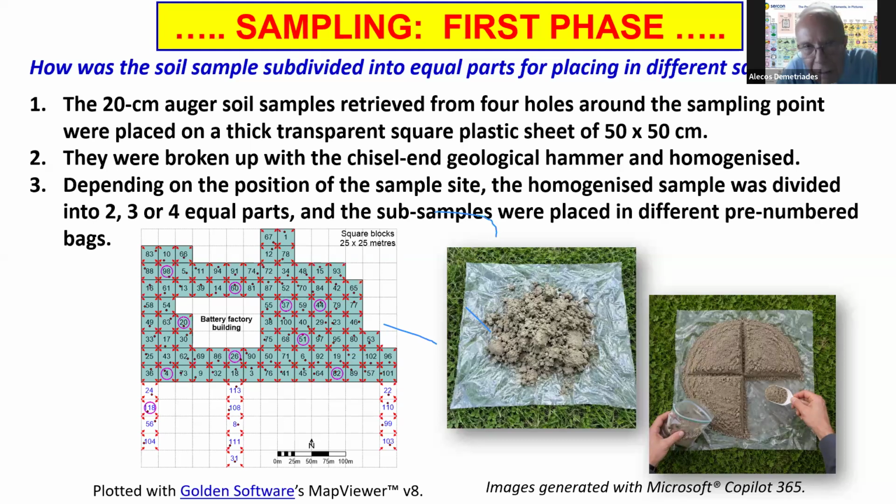The lumps from the retrieved cores were broken up, and in fact, what I used to do is to leave them exposed to the atmosphere in order to dry, and then come back to break them up and try to homogenize them as well as possible.